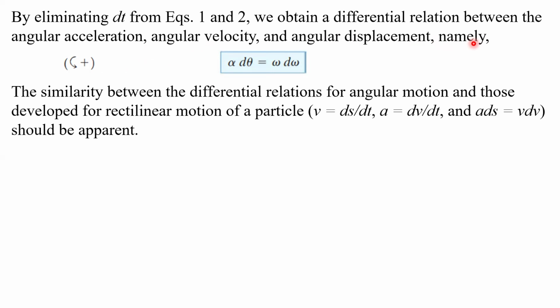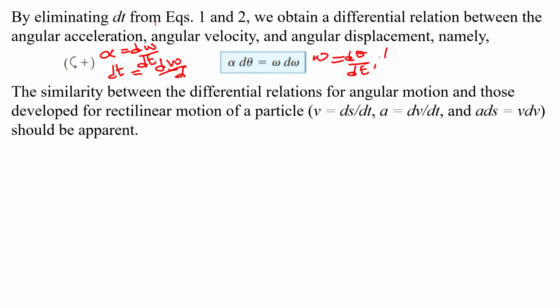So here we say that we can eliminate the t from the earlier equations. The earlier equations, we have alpha is equal to d omega over dt. So dt will now be d omega over alpha. Then we have omega is d theta over dt.